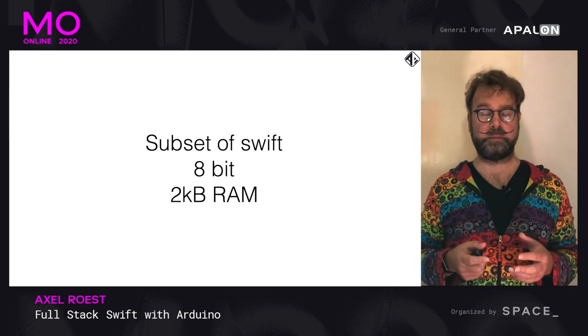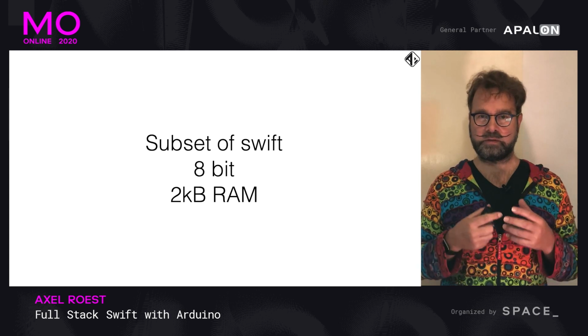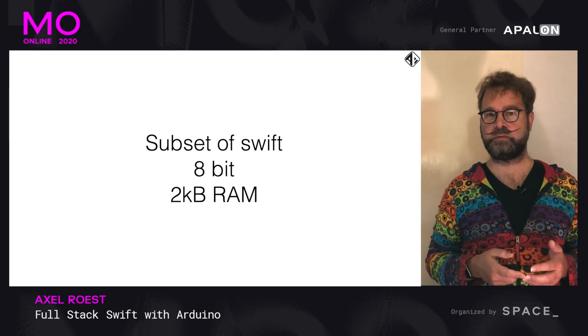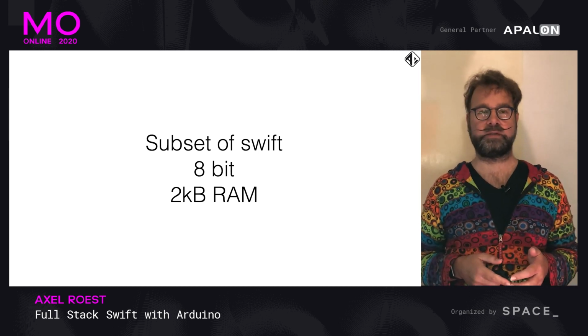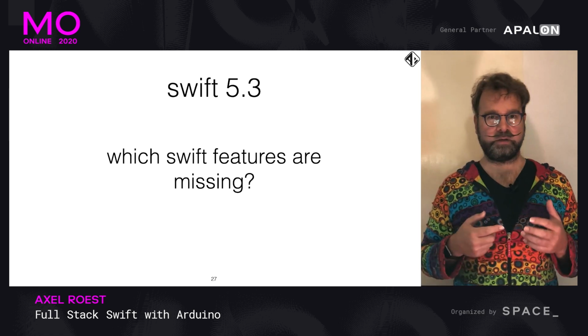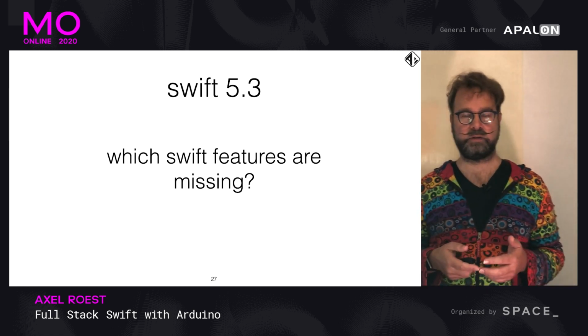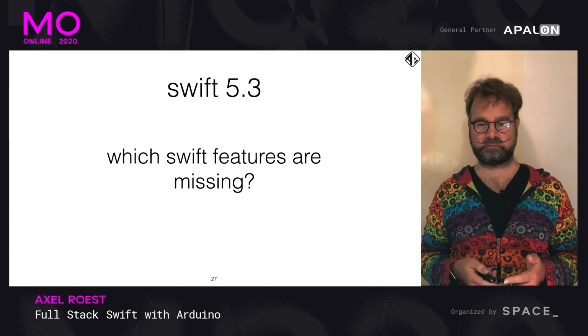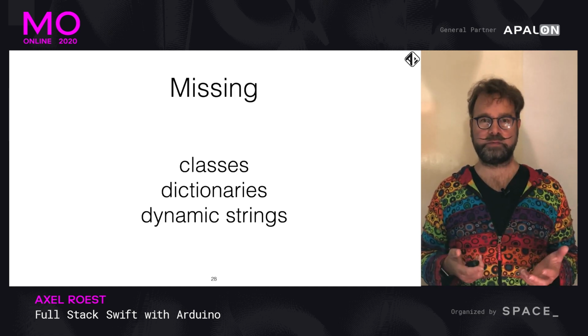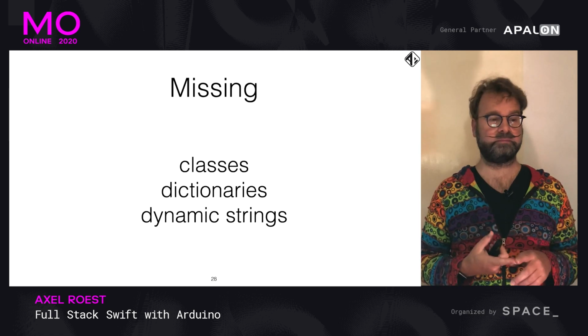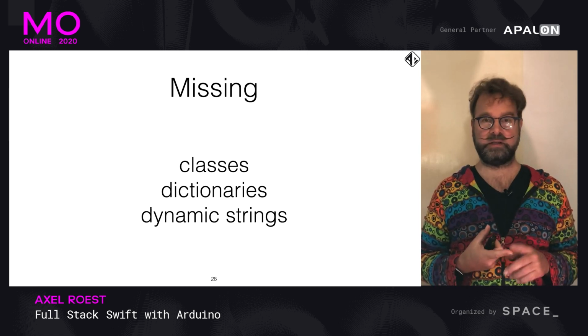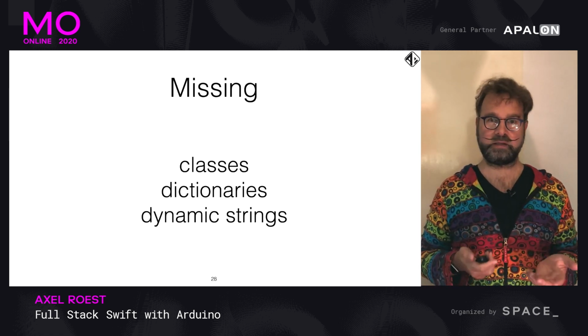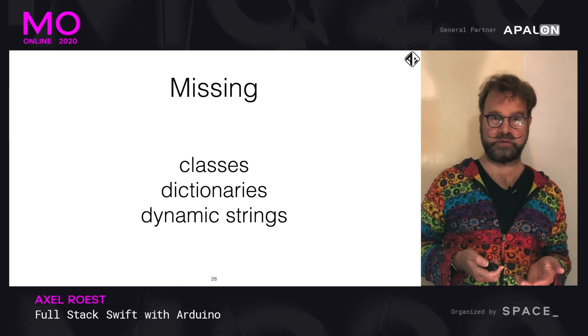So the Swift runtime is a lot smaller than the Swift runtime that you would run on iOS or macOS. So even though it does support Swift 5.3, several Swift features are missing. What is missing? Classes, dictionaries, and dynamic strings. And these have mostly to do with memory constraints.